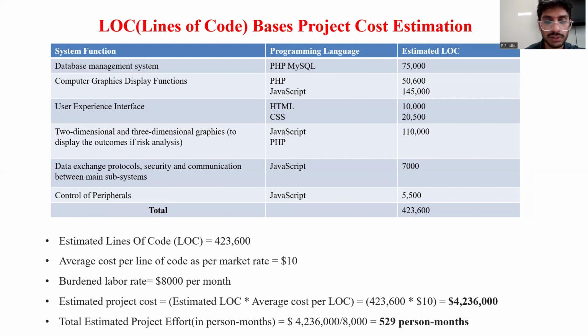Based on these, we can estimate the lines of code. In total, our CRM contains 423,600 lines of code, and the total estimated cost is 24 million, and estimated project effort is 529 person months, which can be divided by 12 to get the person years.